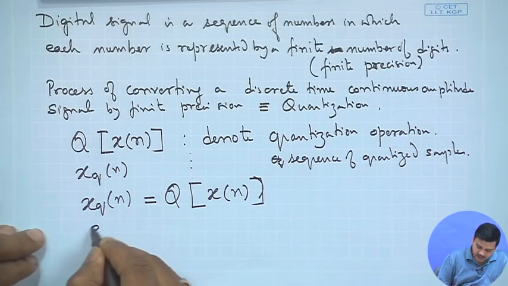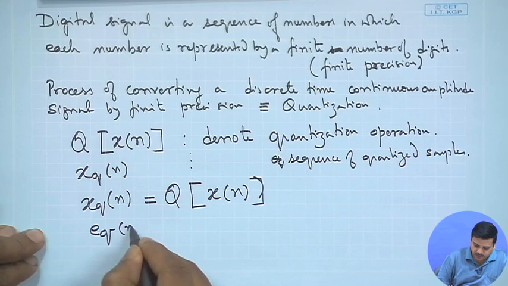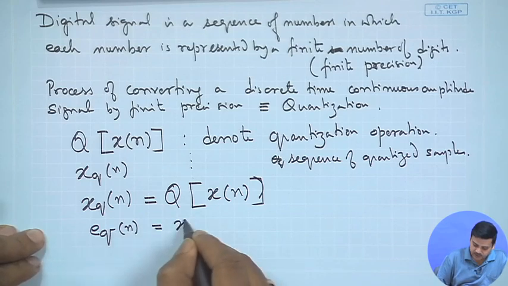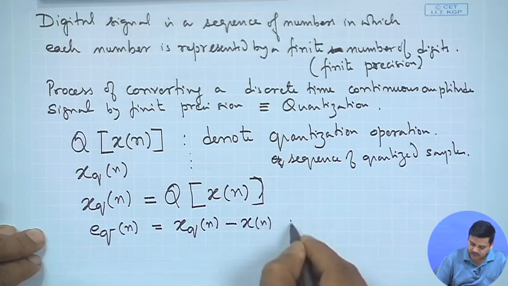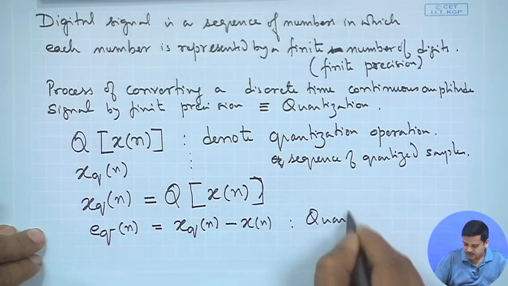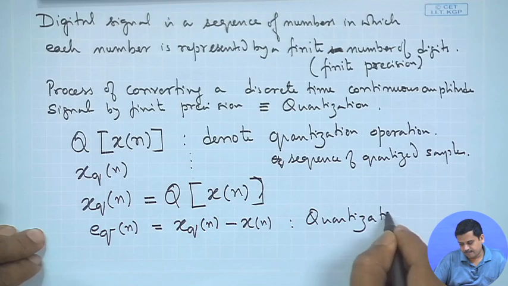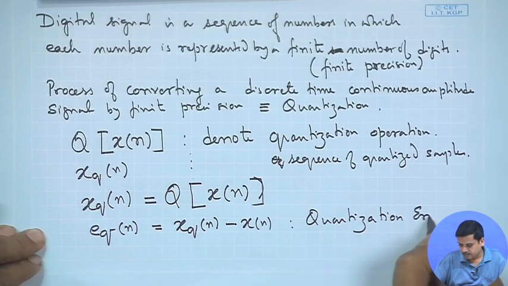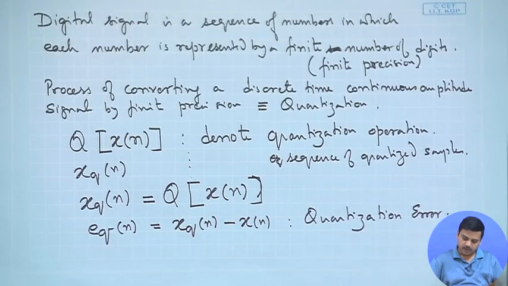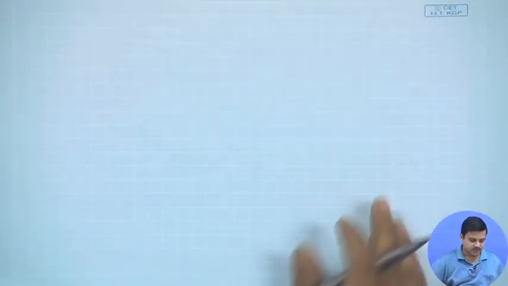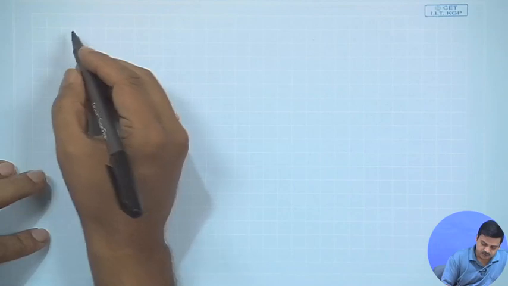So, we would write this as E_q[n], which is x_q[n] minus x[n]. This you call the quantization error. Okay.